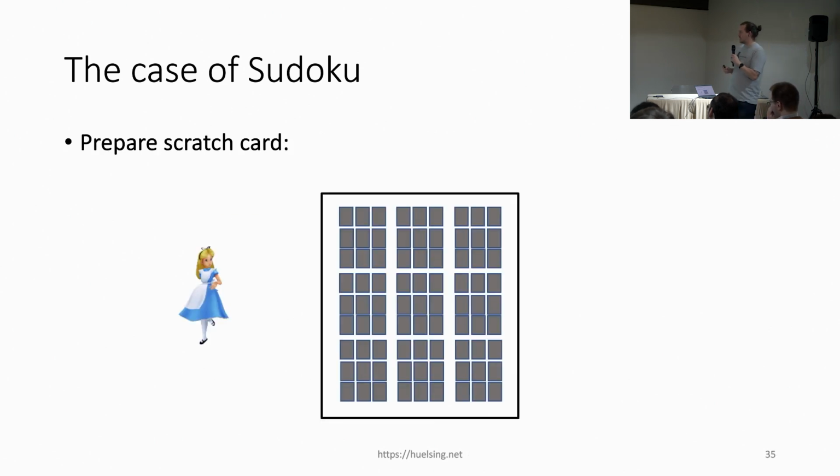The next thing she does is she prepares a scratch card, and the scratch card is actually a nice pen and paper example of what a commitment scheme is. So a commitment scheme is something that hides its input, but allows you to later open the input that you put in, in a way that you cannot change your mind. Like, you cannot later on go and say, no, actually I meant this.